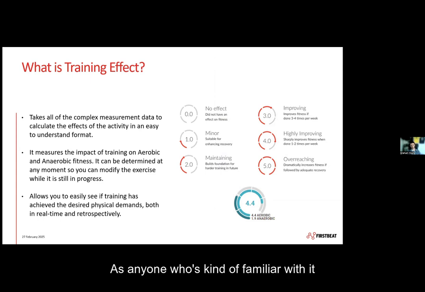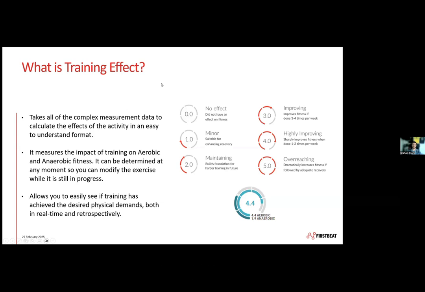As anyone who's familiar with it already knows, it's presented on a 0 to 5 scale. So it's super easy to get your head around and also really easy to communicate to other stakeholders, whether that's other coaches, other conditioning staff, or even the players themselves, or the athletes, I should say.